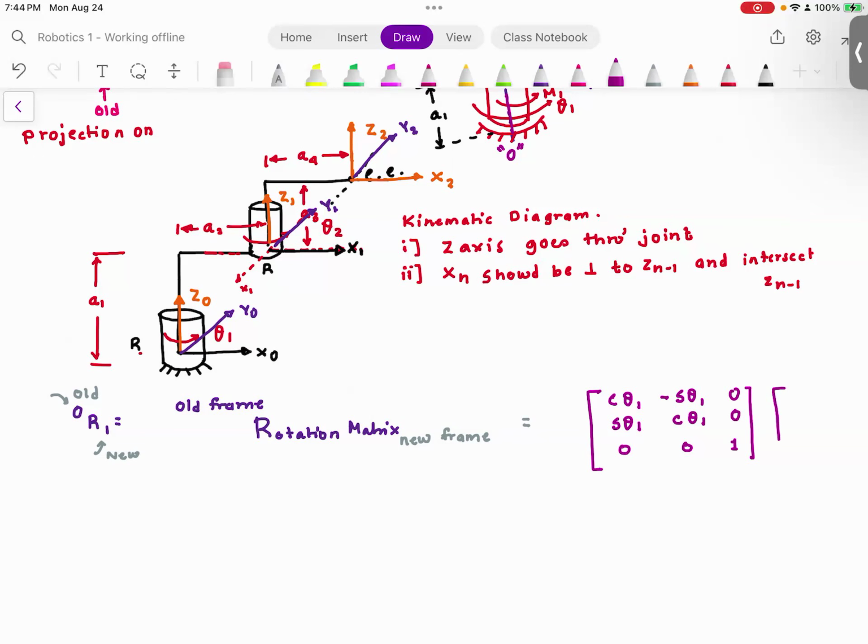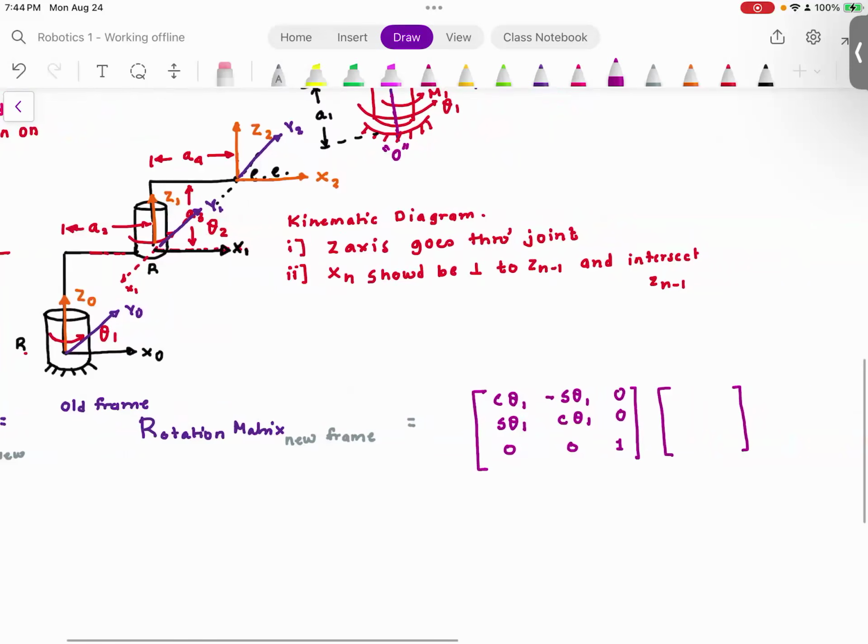It is similar to the previous projection matrix that we found out. So projection off, projection on. What is my new frame? My new frame is x1, y1, z1. What is my old frame? x0, y0, z0. Do you agree with me? So once again, I will write this down. Projection off, projection on.